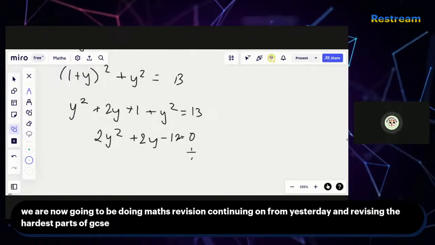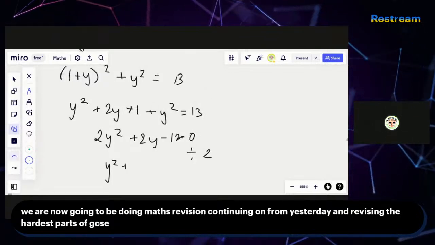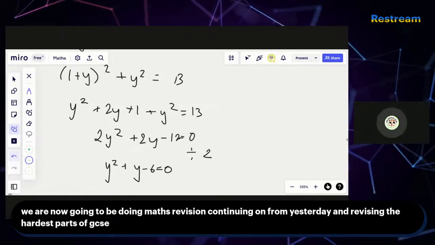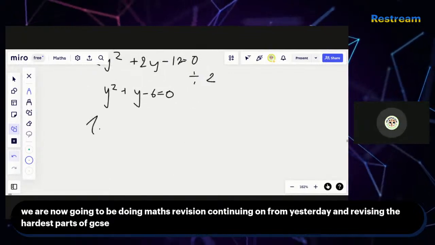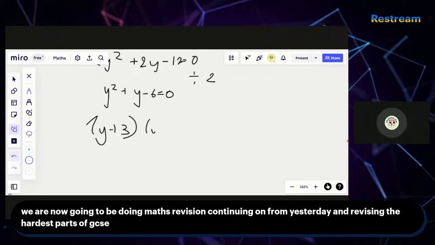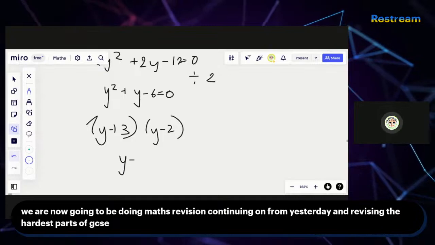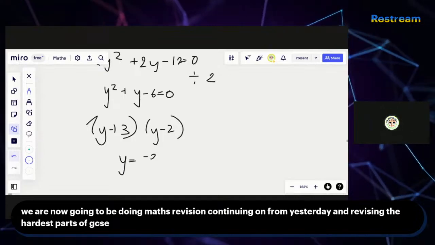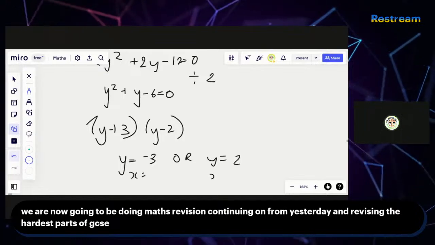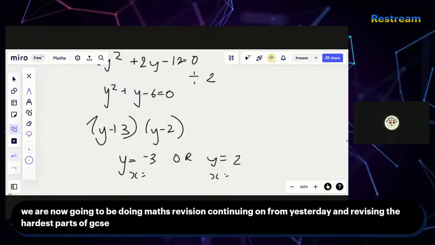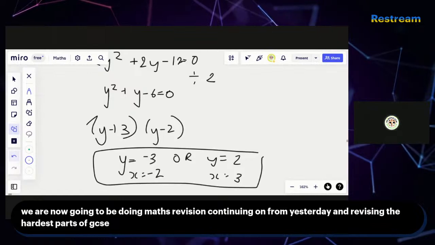You can now divide this by 2 and you get y squared plus y minus 6 is equal to 0. And then you now have a quadratic and you get (y plus 3)(y minus 2). So then we know that y is equal to negative 3 or y is equal to 2. And then x will then equal negative 2 or 3. And that's our answer.